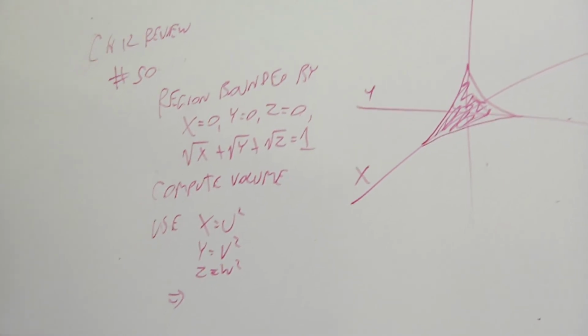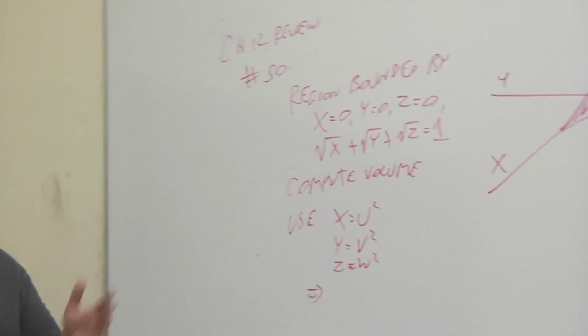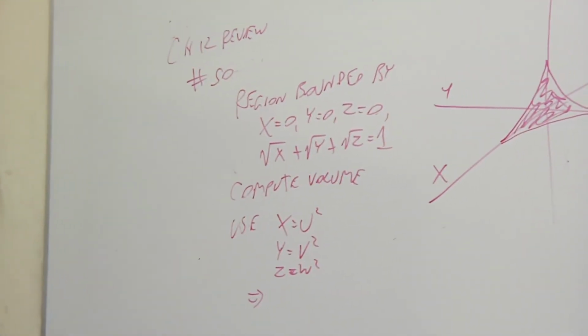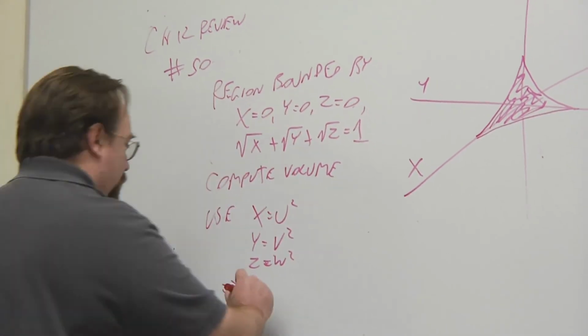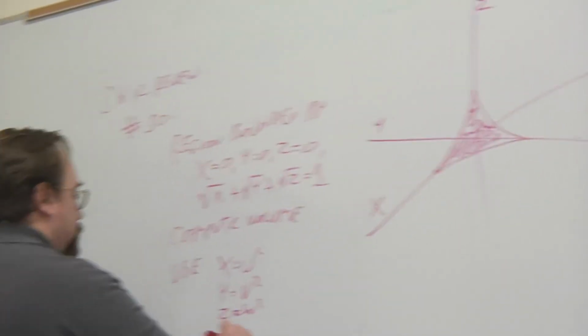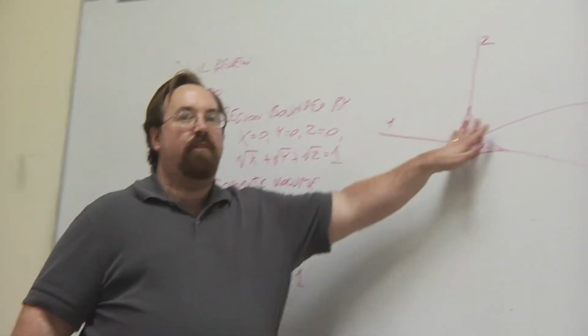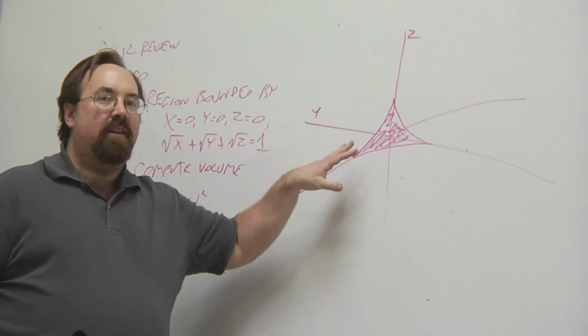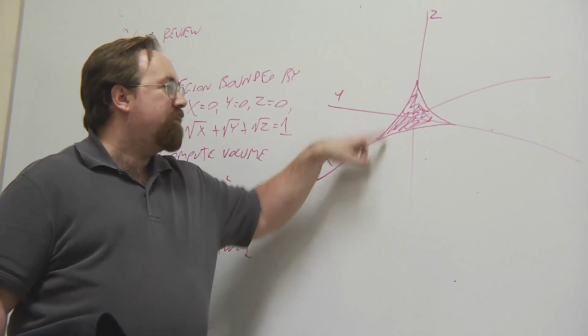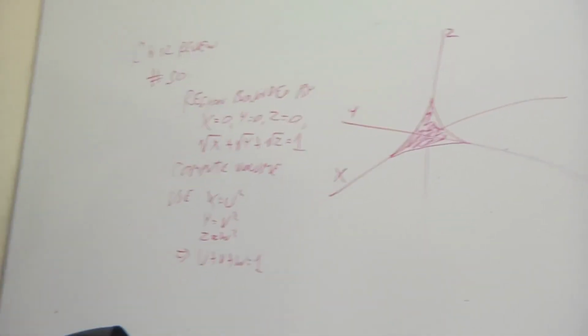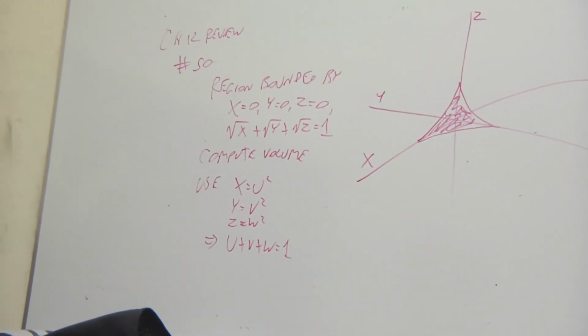So when you do that, you're warping this into a tetrahedron. So you get u plus v plus w is equal to 1. So this warped surface now becomes a plane, or like so the front face of it would just be a nice triangle.